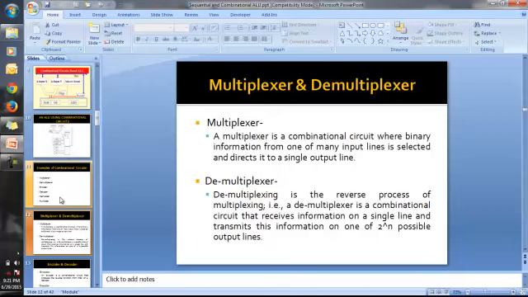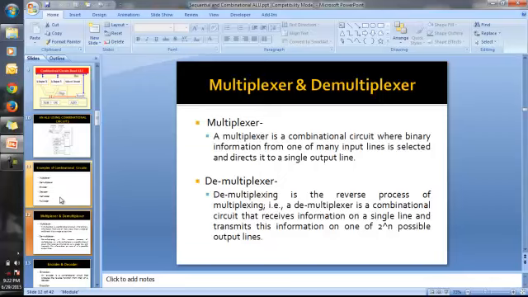Multiplexer and demultiplexer. A multiplexer is a combinational circuit where binary information from one of many input lines is selected and directed to a single output line. So whenever you are collecting a lot of inputs and performing some operations using a combinational circuit, finally you will have only one output at the end.